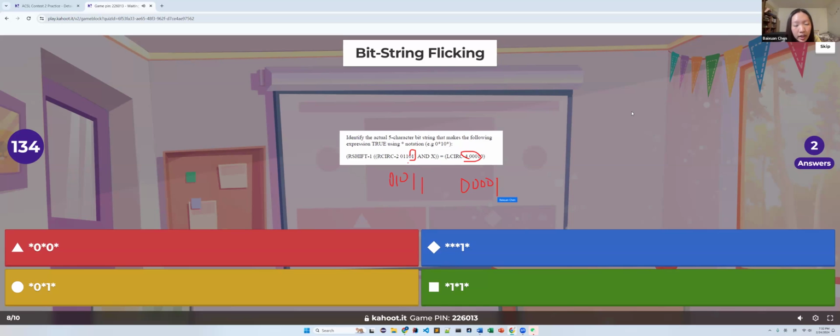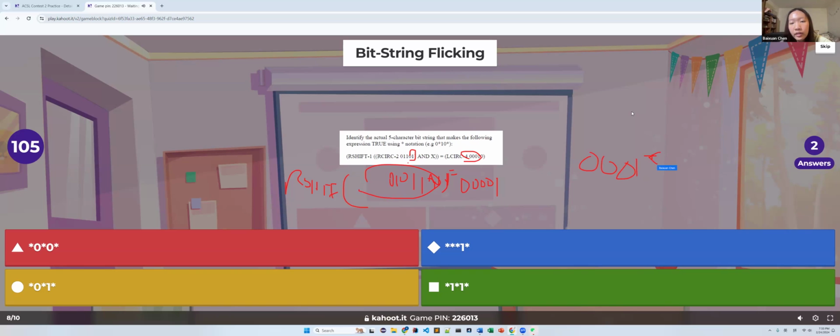And then right shift. So right shift of this one and x is equal to 0, 0, 0, 0, 1. What this means is that the inside function will be equal to 0, 0, 0, 1 asterisk.